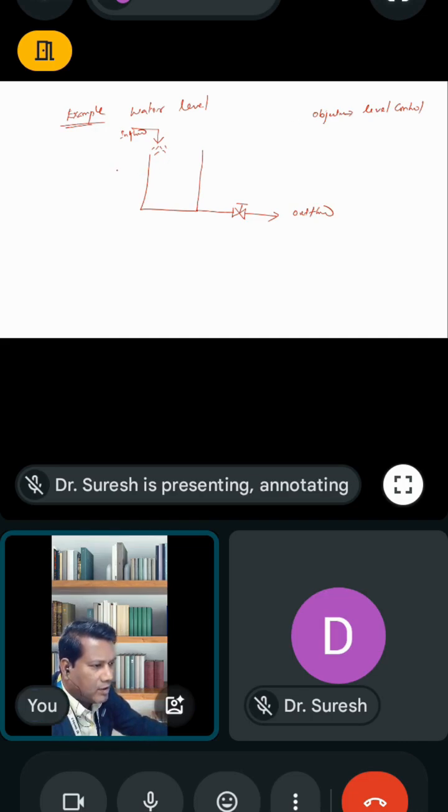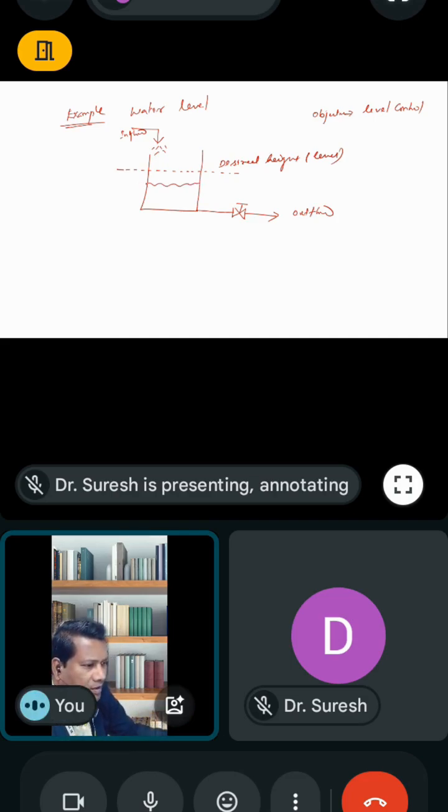Assume the dotted line is the desired height, or we can say level. Assume the water is initially at this position. So measure the level of water using a level sensor or level transmitter first.